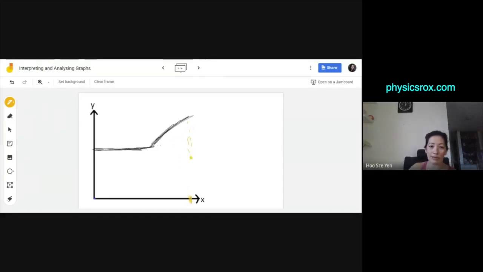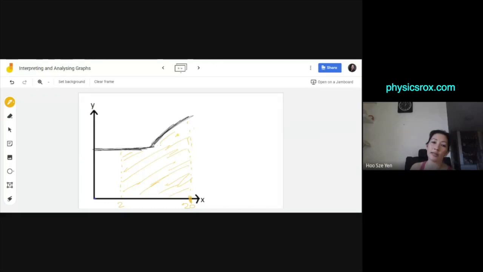Imagine it's straight. Let's say from 2 to 20. So if you have to count the area, you need to count the area of the graph like this. That means from the graph down to the x-axis. So why we call it area under the graph is because it's under the graph down to the x-axis.